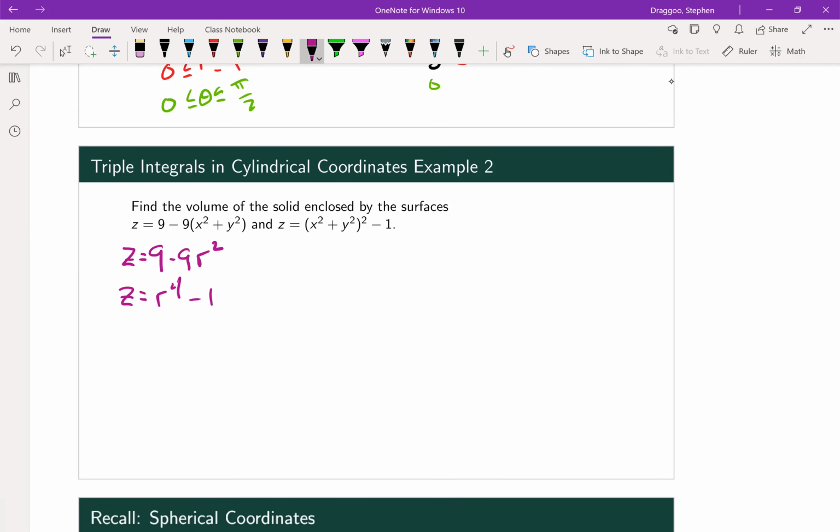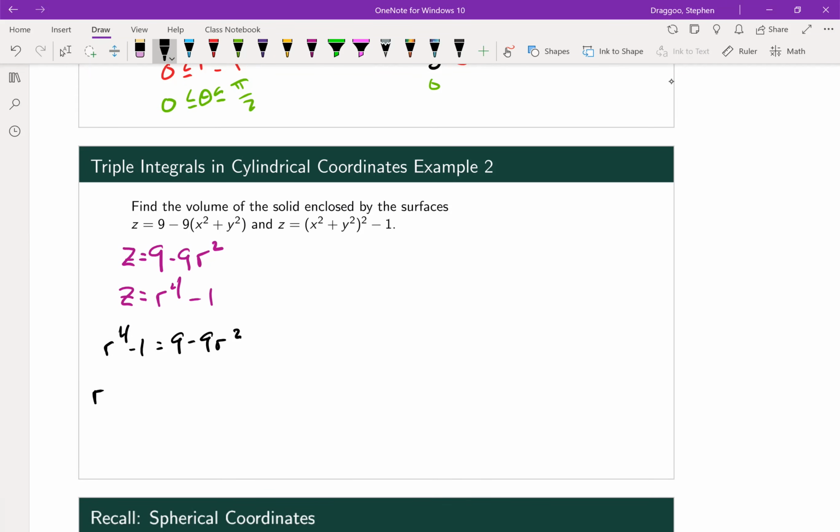And we can now set those two pieces equal to each other to figure out what their intersection looks like to give us some bounds for r and theta. So setting those two things equal to each other, what do we get? r to the 4th minus 1 equals 9 minus 9r squared.